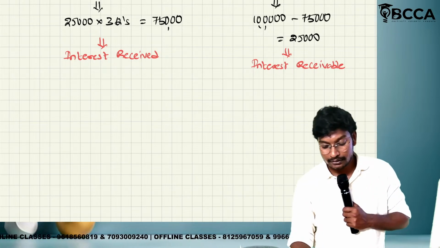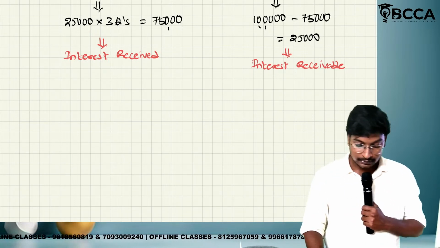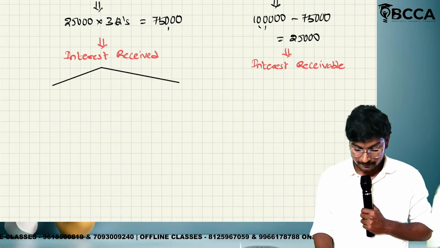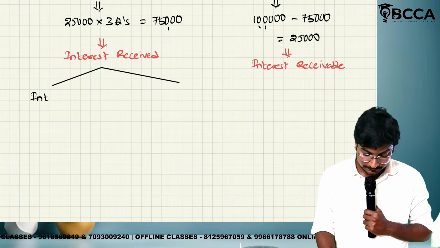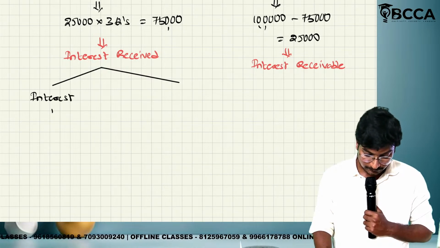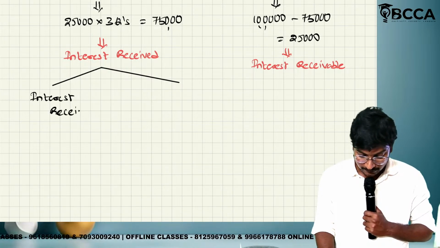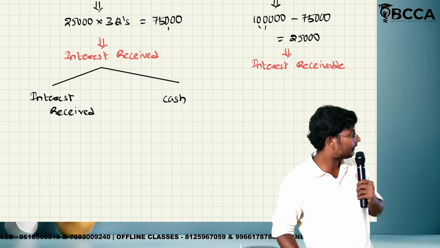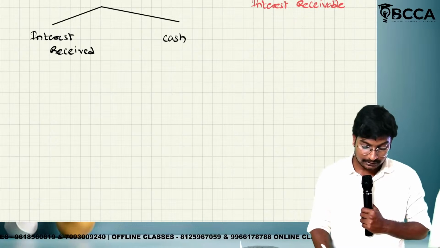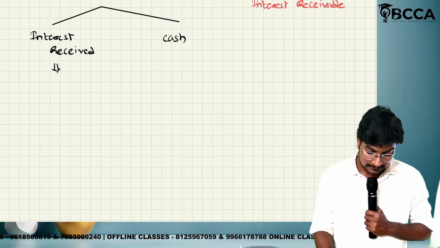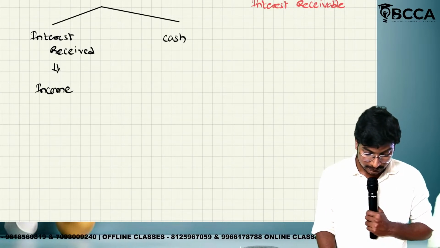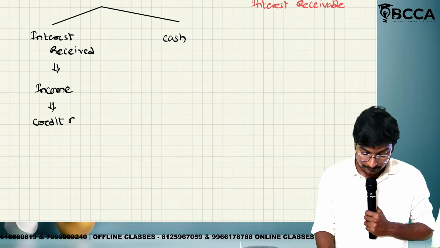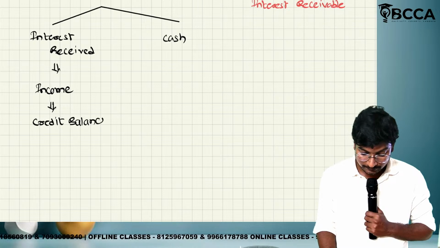So what are the two accounts that come into the picture while interest is received? Interest received and cash. What is the meaning of interest received, sir? Income or expenditure? Income. Which balance? Income means credit balance.